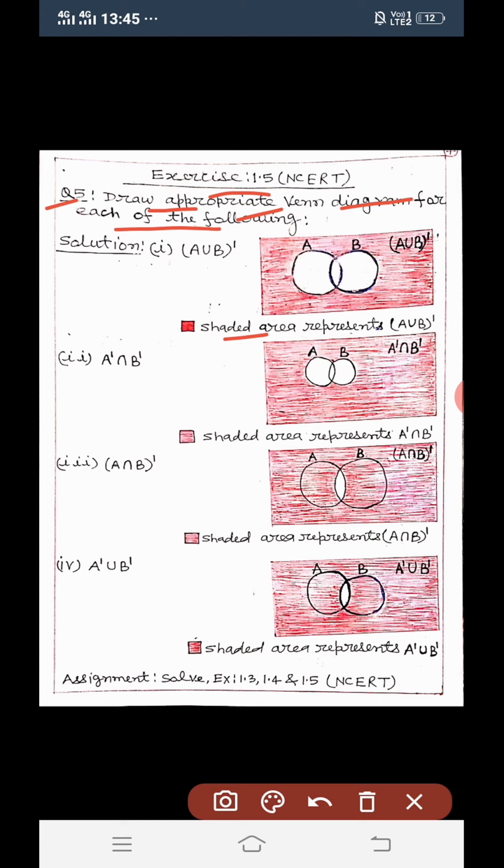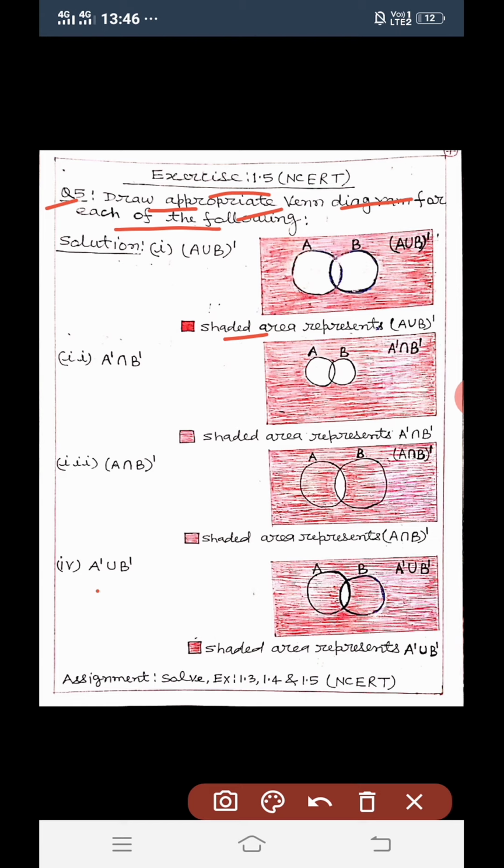Similarly, according to De Morgan's laws, A intersection B whole complement equal to A complement union B complement. Then the Venn diagram for A intersection B whole complement and A complement union B complement will be the same.